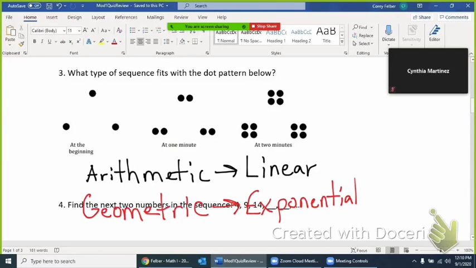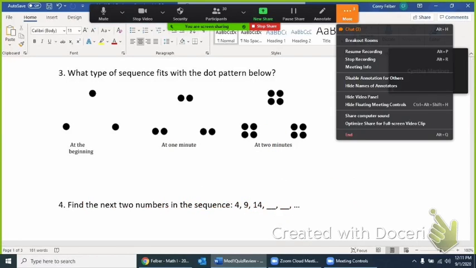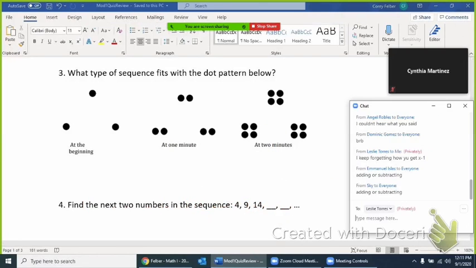Okay, so if arithmetic is linear, who remembers what linear is? What's the pattern like with linear? Good.